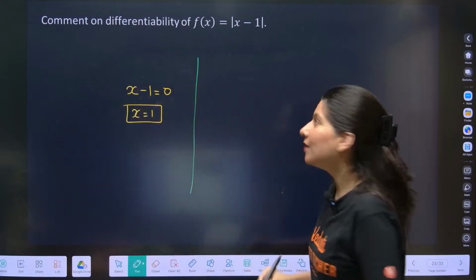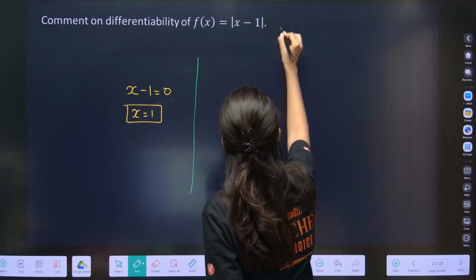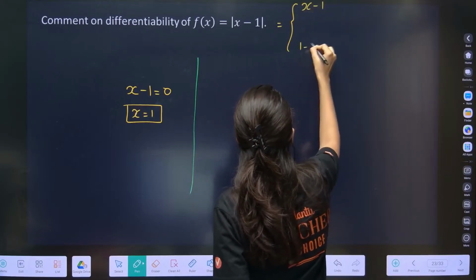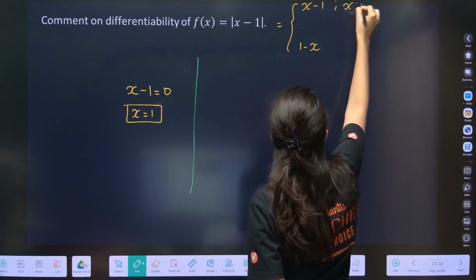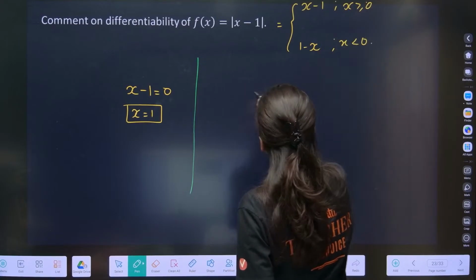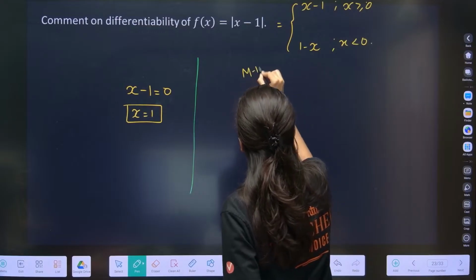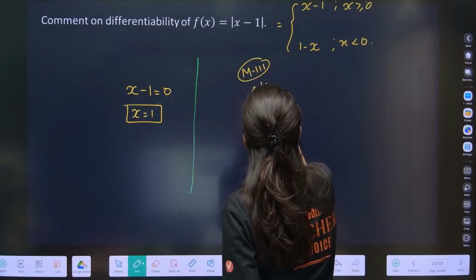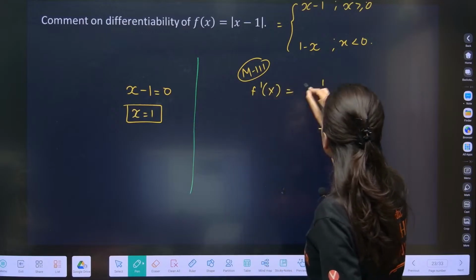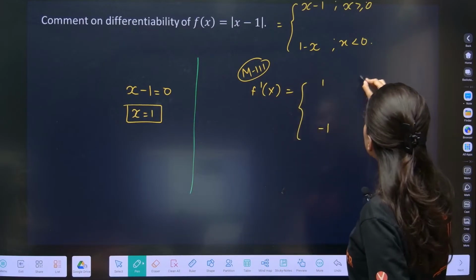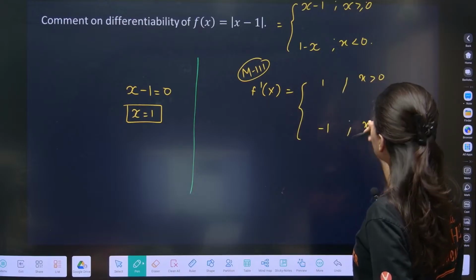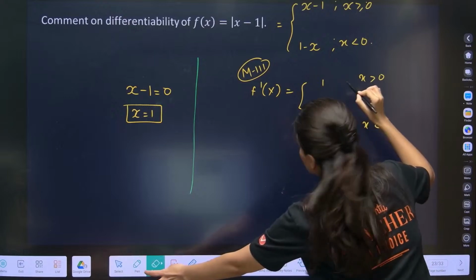So again, 3 methods. x minus 1 and this is 1 minus x. Open the condition of modulus. Now method number 3, if I check f dash x, this is 1 and this is minus 1, for x greater than 1 and for x less than 1.